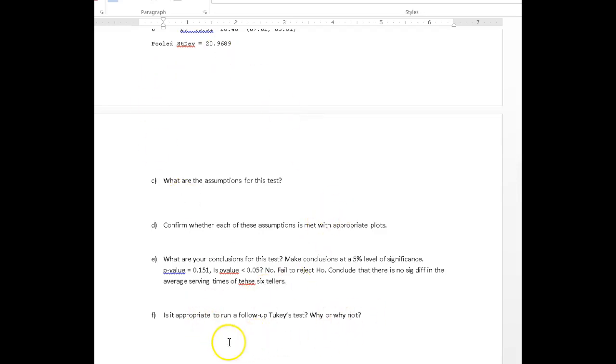Then we're asked down here, is it appropriate to run the follow-up Tukey's? And the answer is going to be no, because ANOVA declares there is no difference in the tellers. So don't go looking for trouble.